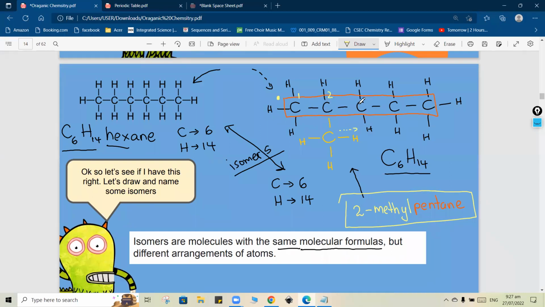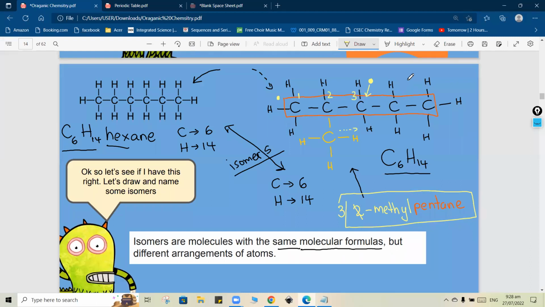But if I move it across and connect it to him, it would still have the same amount of H's and carbons. Everyone agrees that if I move it to this point where the dot is, I would have to change the 2 into a 3 because it would have been connected to which one? The third carbon. 1, 2, 3.